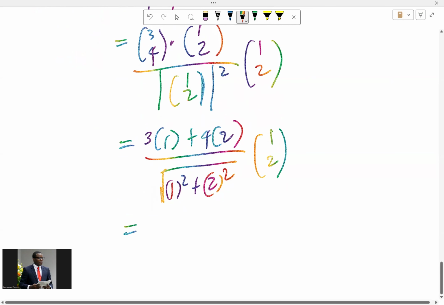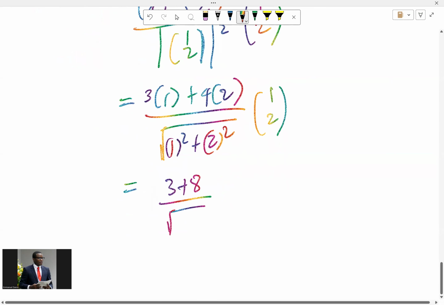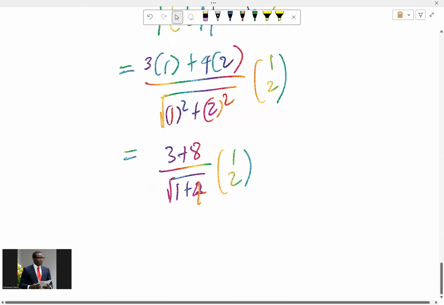So 3 times 1 is 3, 4 times 2 is 8, divided by the square root of 1 squared, which is 1, plus 2 squared, which is 4, and all that is multiplied by the vector B itself. So 3 plus 8 is 11, and so that's 11 over the square root of 5 multiplied by 1, 2.